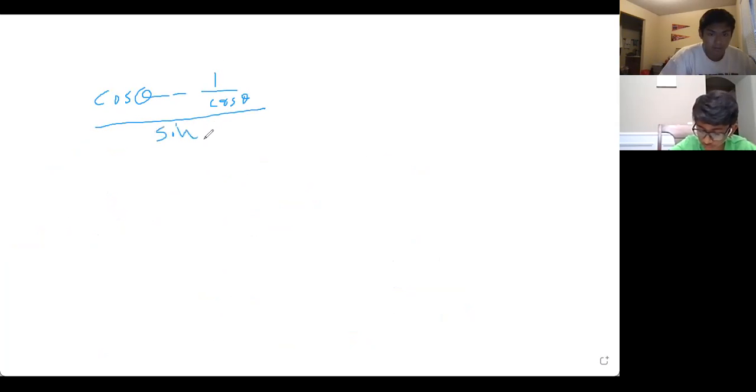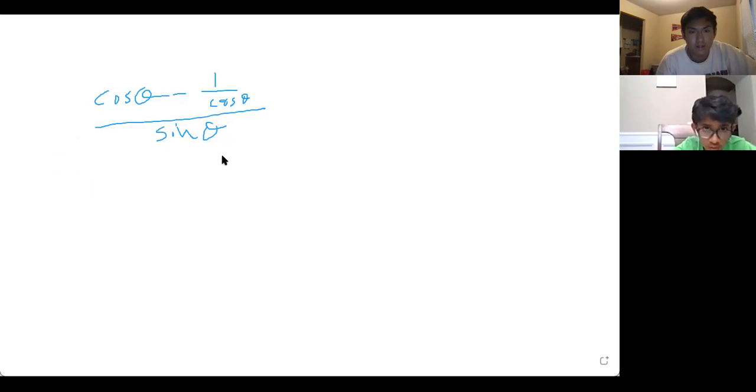So that's negative sine over cosine. And then I multiplied both sides by sine over sine to get rid of the sine on the bottom. Cosine minus secant equals negative sine squared over cosine, and that's where I'm stuck. What did you do from here?